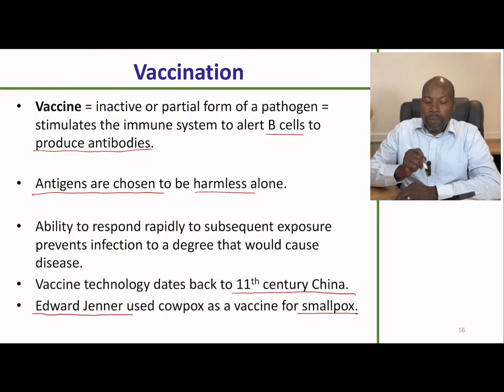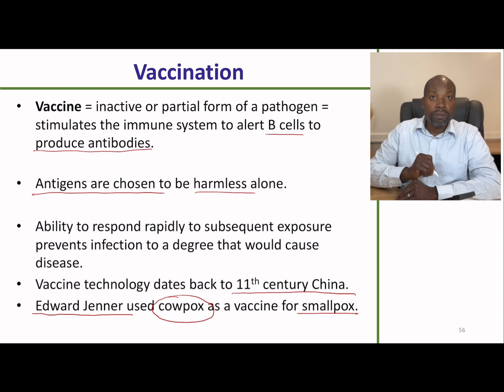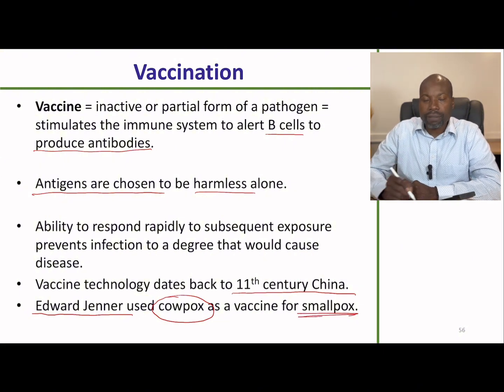And Edward Jenner came up with the idea that, well, if we can inoculate people with cowpox, maybe that can prevent them from getting smallpox. And guess what? That's what happened.